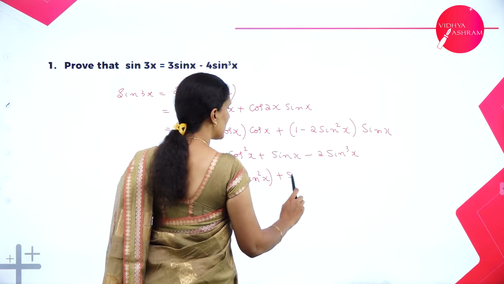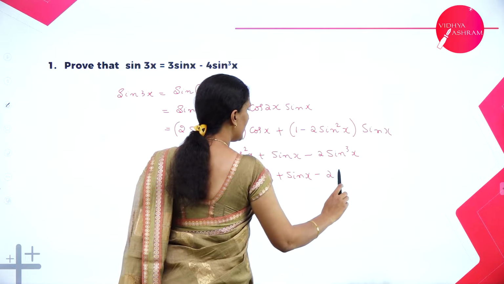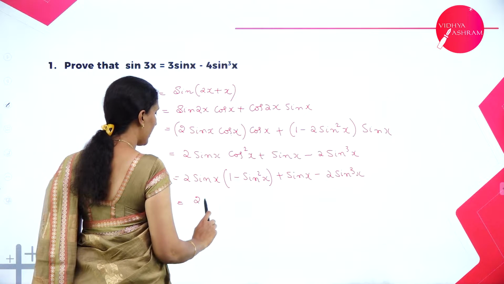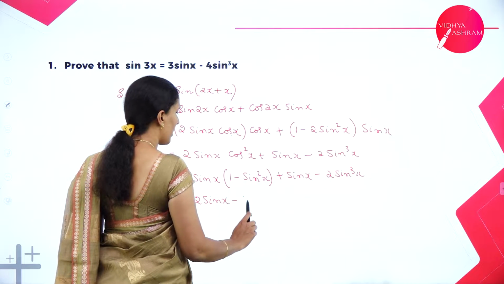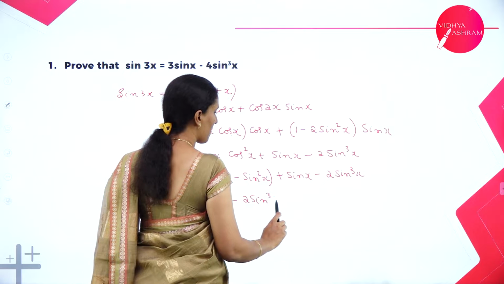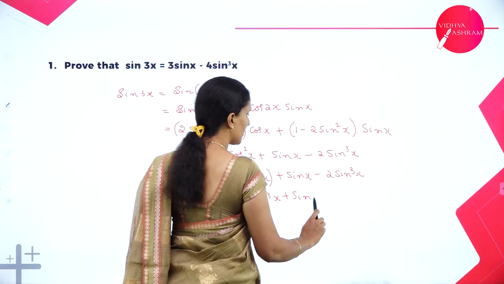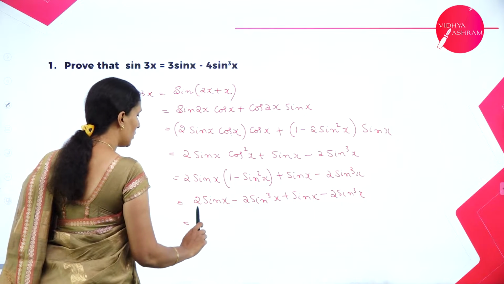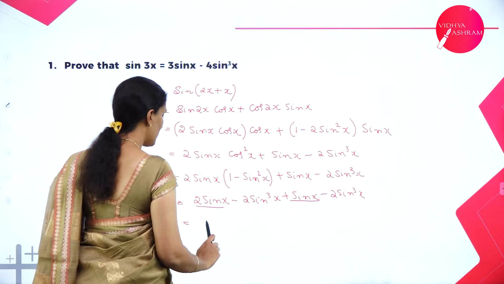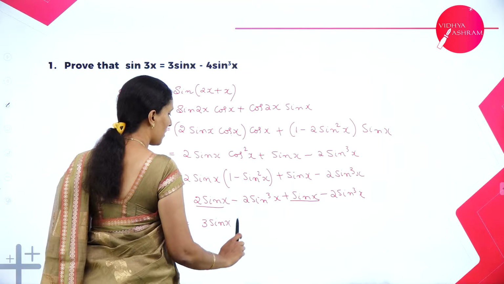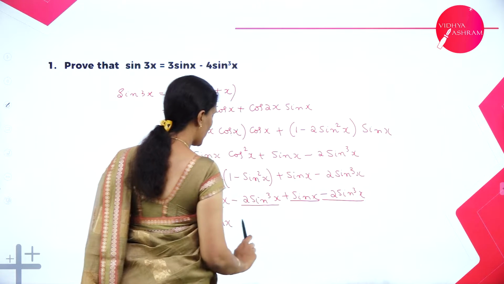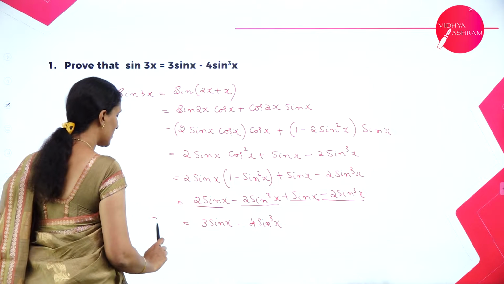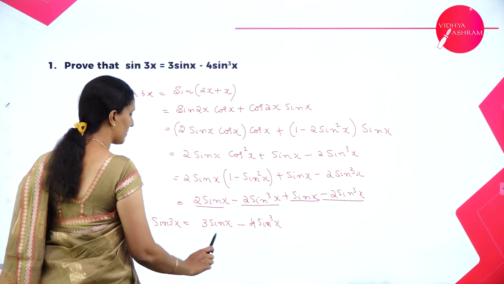So now here sin x minus 2 sin cube x. So next we will multiply it again. We will get 2 sin x minus 2 sin cube x plus sin x minus 2 sin cube x. So 2 sin x plus sin x becomes 3 sin x. Minus 2 sin cube x minus 2 sin cube x becomes minus 4 sin cube x. So this is our sin 3x.